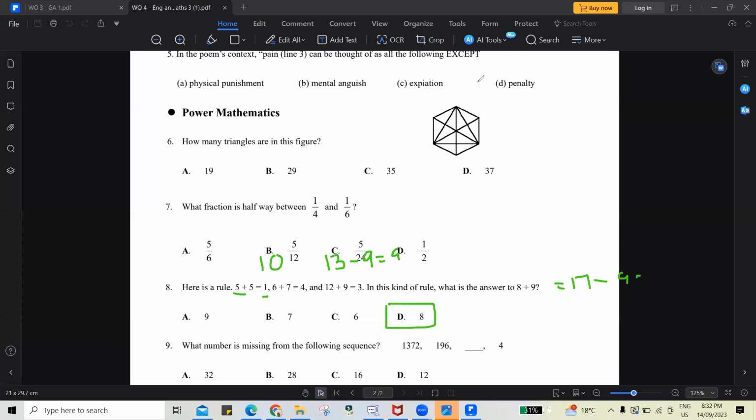Yeah, that's good. That is a rule, right? Now also I found another rule. Your rule is correct. The answer is right. What I saw is 5 plus 5 is 10. Then you add these two digits together. 1 plus 0, 1. Right? 6 plus 7, 13. You add these two together. 4. 12 plus 9, 21.